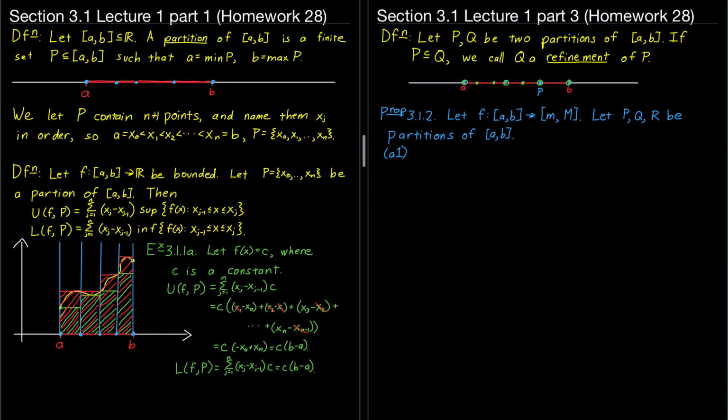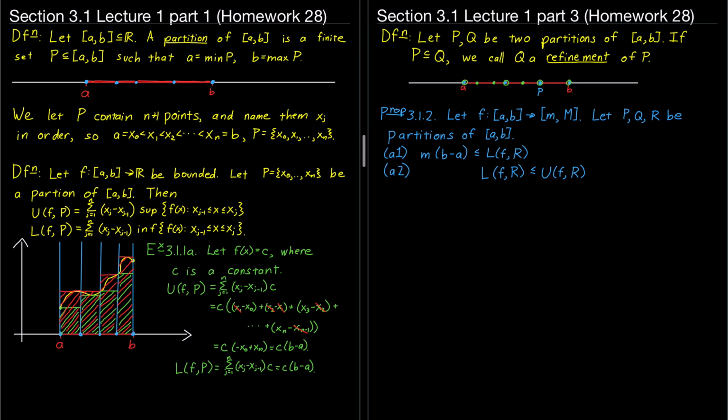So first off, we've got that our lower bound m is less than or equal to the lower Darboux sum of f with respect to, let's say, the partition R. Here is our second one. The lower Darboux sum of f with respect to the partition R is less than or equal to the upper Darboux sum of f with respect to the same partition.